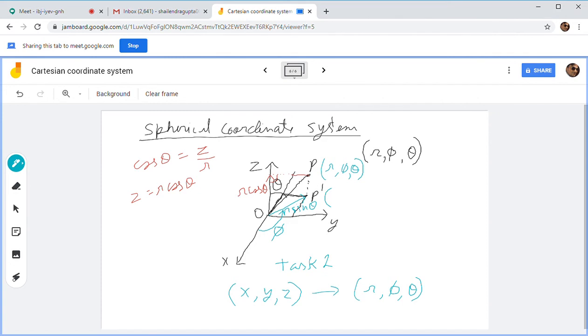So your next task is, if this P is given in the x, y and z coordinate system, how can you convert that into r, phi and theta?